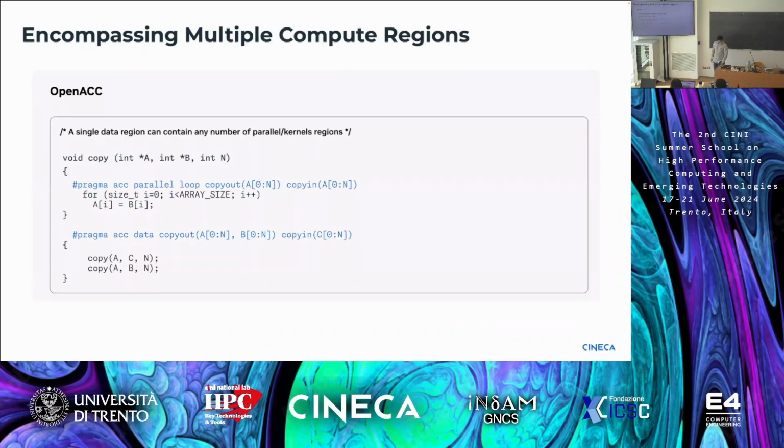So that's my code. I launch my kernel, but I'm also copying the data there. You see, copy in. I want copy out. Why do I want copy out? Because in these two kernels, I need the data, which would be updated on the CPU, but I'm going to need it on the device as well.